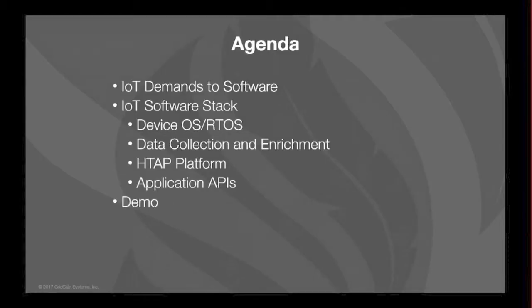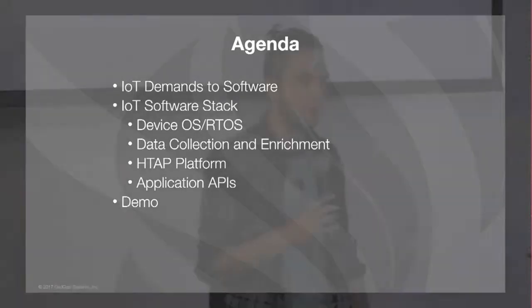And the agenda for today is pretty simple. So first, before we start diving into the way how a problem can be solved, let's take a look at what are the demands that are coming from IoT-empowered applications and services.